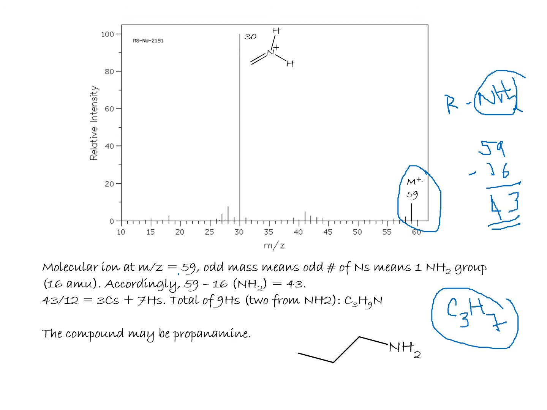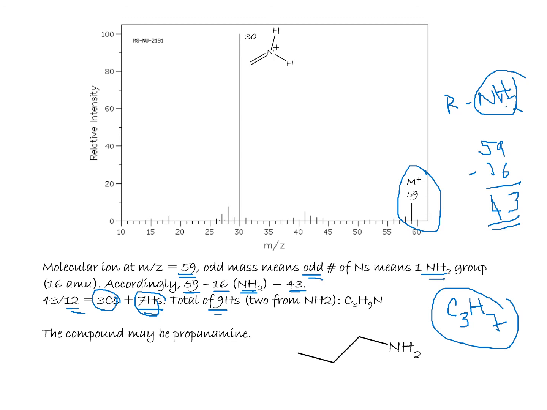So you have 59, odd number. Alright. You have one NH2 group. 59 minus 16, NH2 group, remaining is 43. I don't need to recall that 43 is C3H7. Okay, 43 divided by 12, you get 3 carbons and 7 hydrogens.